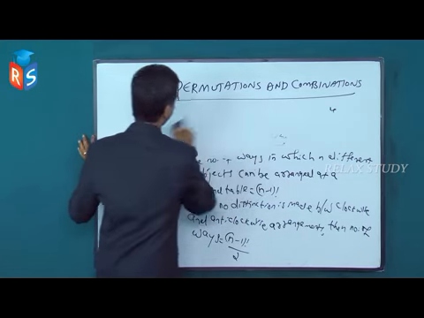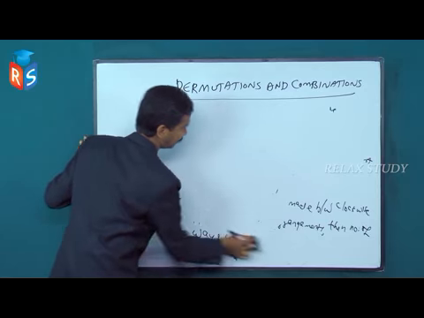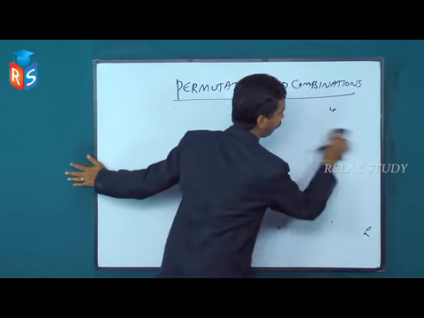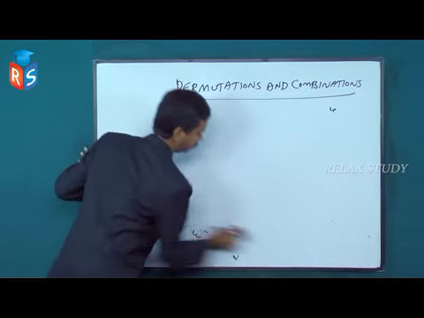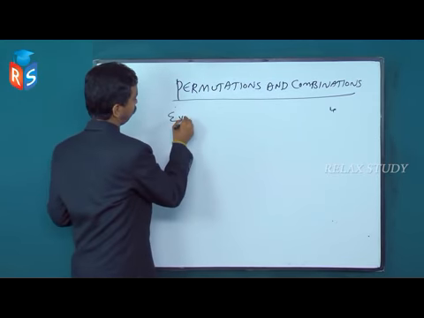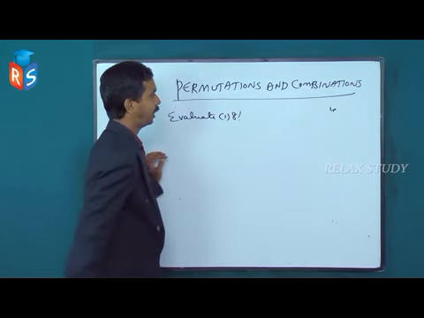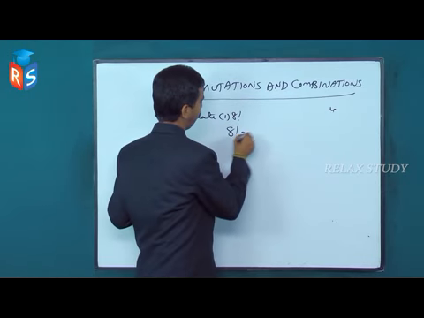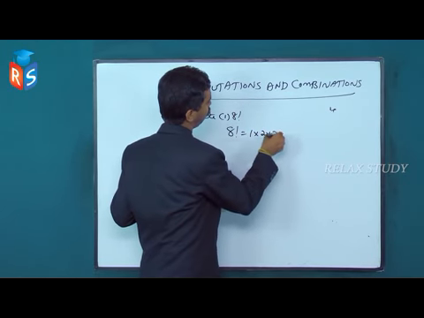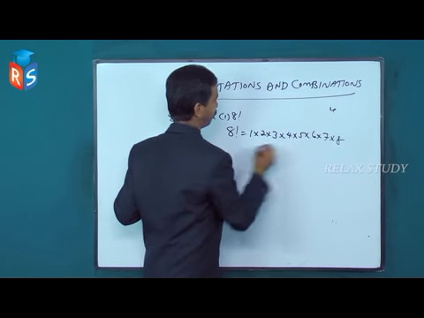Now I can do some problems. Evaluate 8 factorial. 8 factorial means 1 into 2 into 3 into 4 into 5 into 6 into 7 into 8.